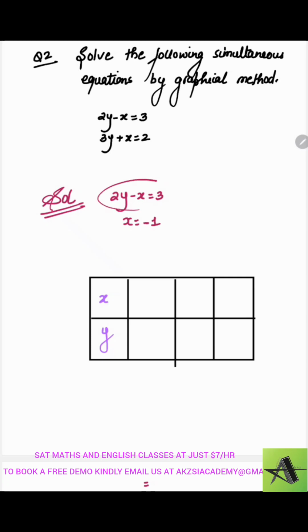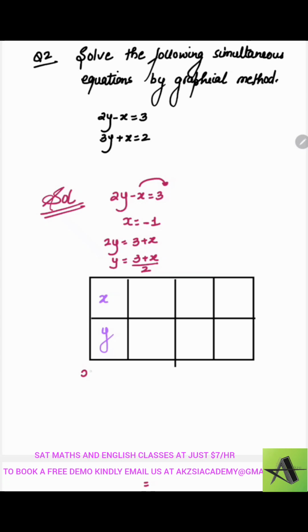The simpler way, you can directly substitute here and get the value of y, or you can do it like this: 2y equals 3 plus x. I have just transposed x there and divided both sides by 2. You'll get y equals (3 plus x) over 2. In this way, I made y the subject, and now it's very easy for me to substitute the values one by one and get the corresponding values of y.